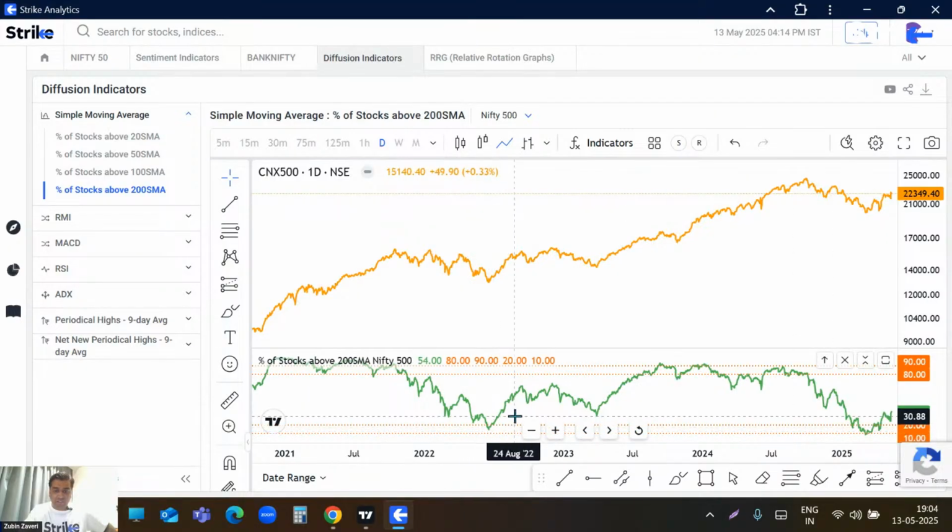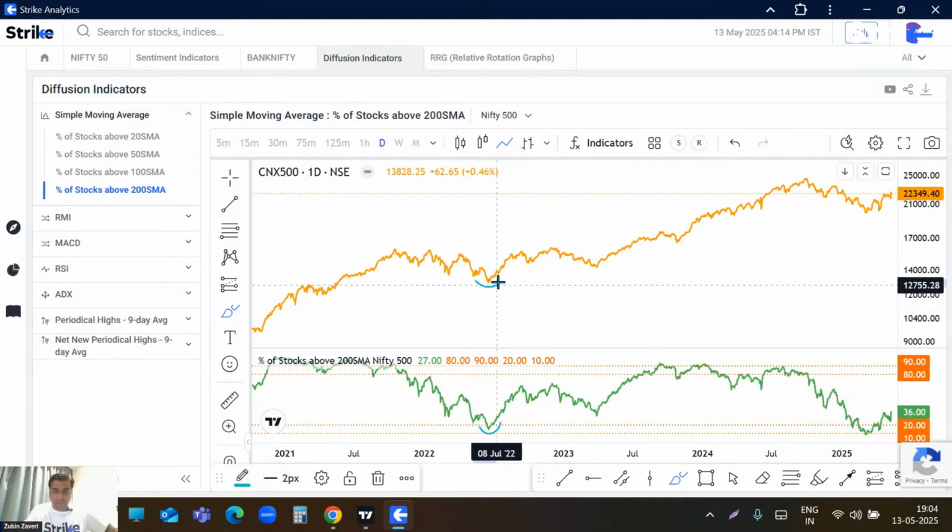Now somewhere in June July 2022, this particular indicator was at its lowest, and over here we got a nice meaningful bottom.